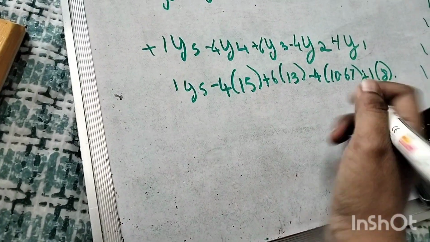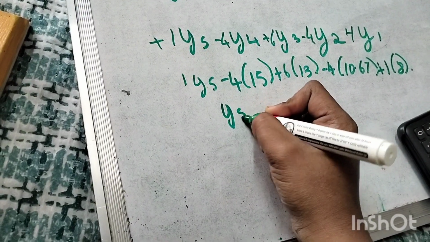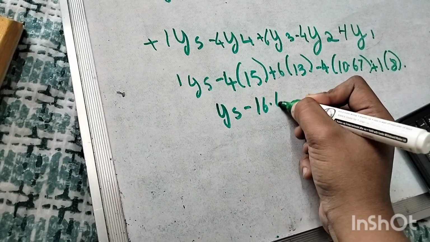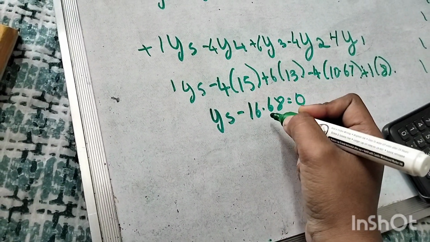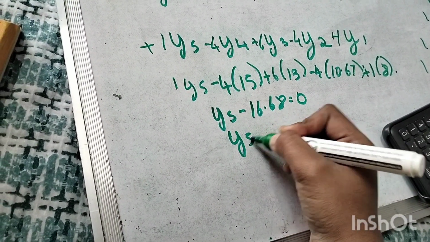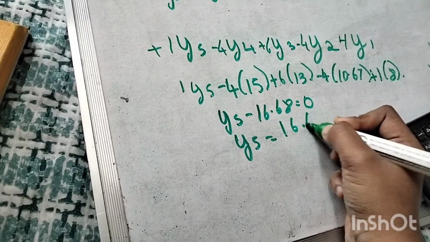So you write y5 minus 16.68 is equal to 0. So when 16.68 goes to the other side, the minus becomes plus, so it is 16.68.